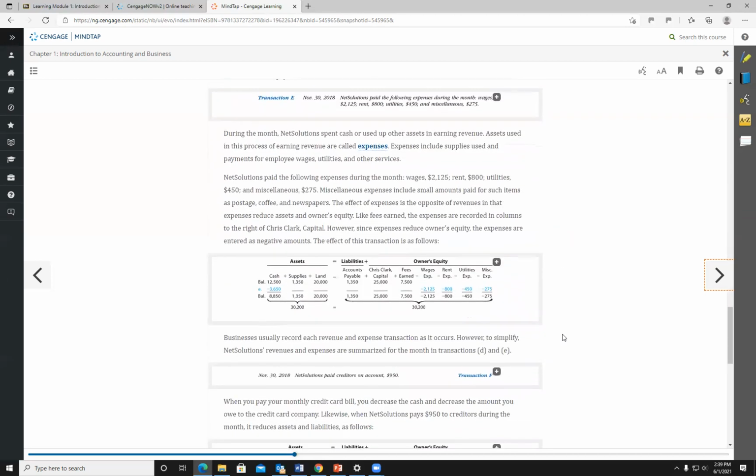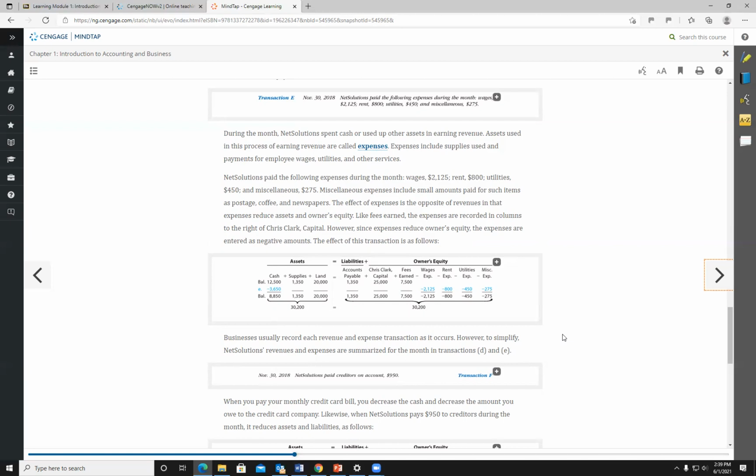So one more, transaction E. Net Solutions paid the following expenses during the month: wages, rent, utilities, and then some miscellaneous expenses. What are expenses? Assets used in the process of earning revenue are called expenses.